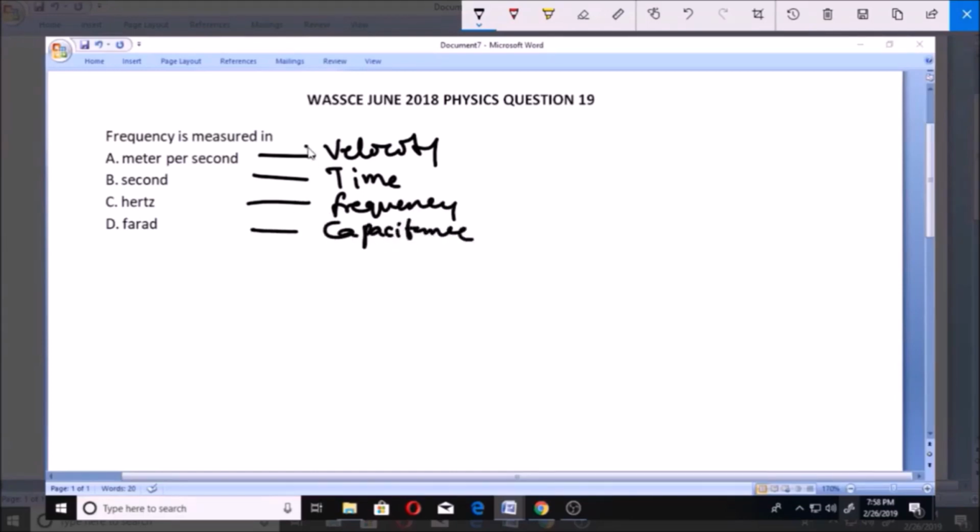So these are the various units for these various quantities in physics. Whenever you hear meter per second, it is simply the unit for velocity or speed. Whenever you hear time in seconds, it is the unit for time and period as well.